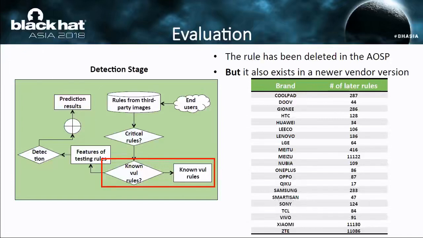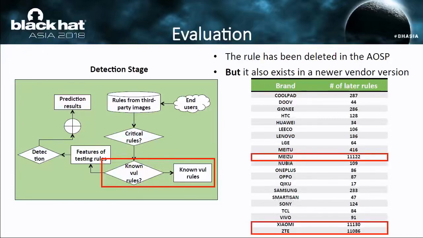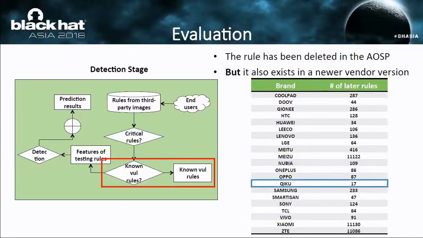You can see the worst cases happen on Meitu, Xiaomi and ZTE, these three companies. And you can also see that the Chinese company Meizu did very well, and other companies follow the AOSP much better than others.